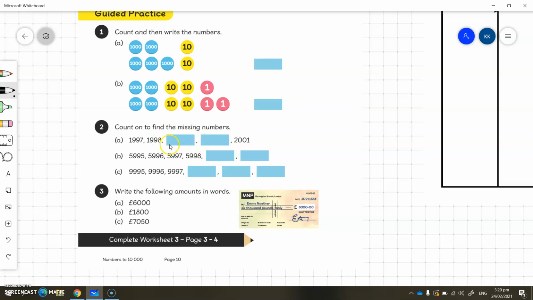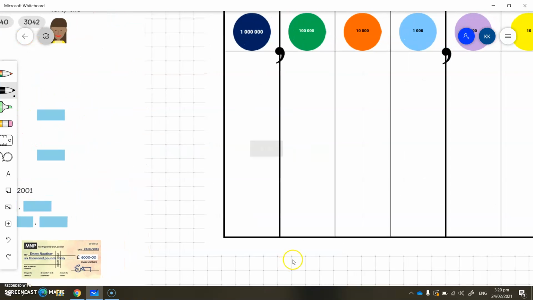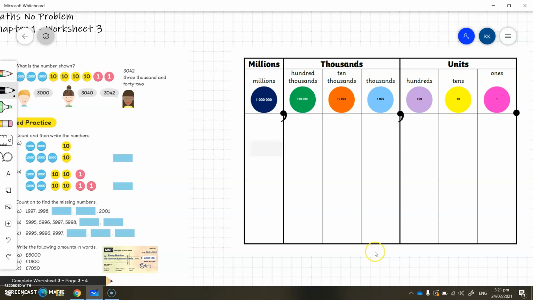I've got a mystery number here with a missing block. The next one also is a missing number with a block that needs to be filled. And I finish with 2,001.